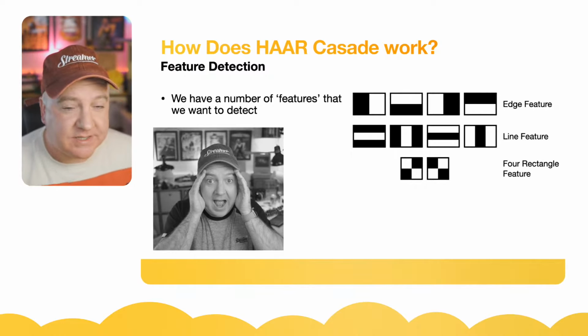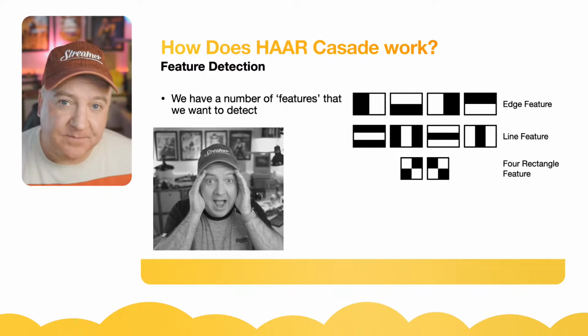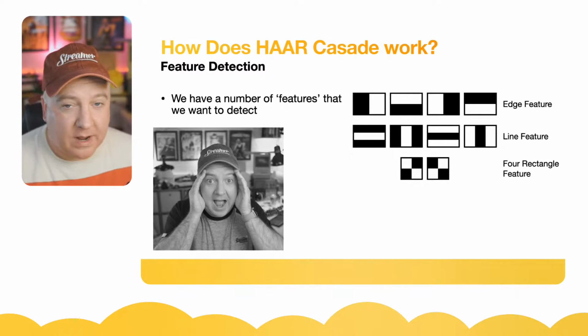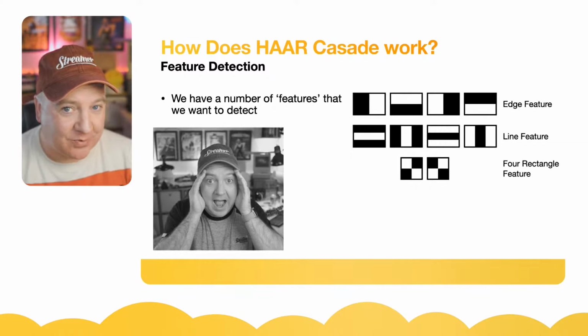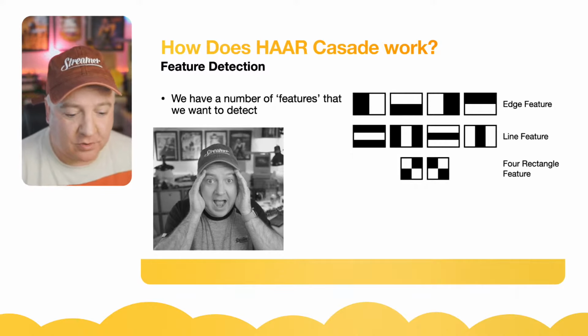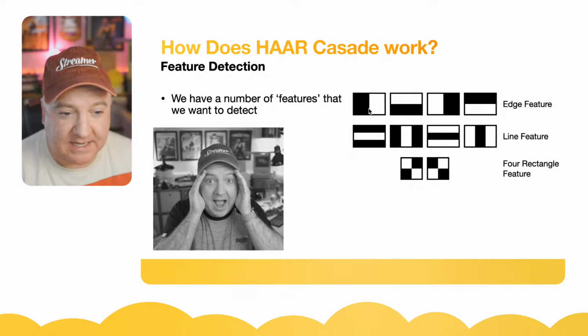So the way that it does this is using these things called features, and they're essentially just black and white rectangular shapes. And we can do some really crude things with those, and surprisingly it works very fast and very efficiently. So the first block that we've got there can detect edges, it can detect lines going down. So if we look at our face, it might detect that there's a nose sort of shape. The other ones are line features, where you've got a line going across.